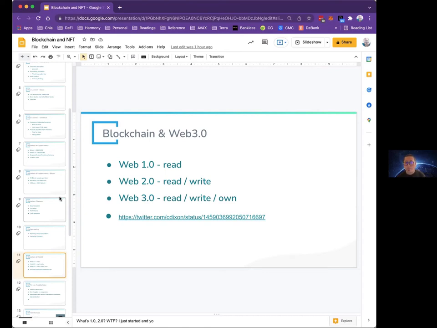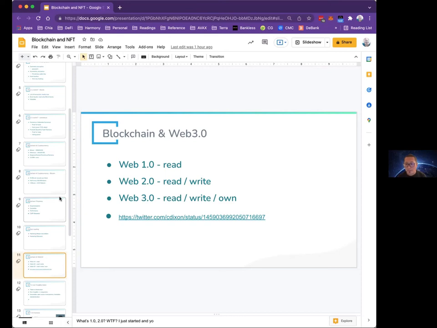When we reach Web 2.0, I think the generic understanding of Web 2.0 is user-generated content. For example, most people right now use YouTube, Instagram, Facebook, or other services, right?